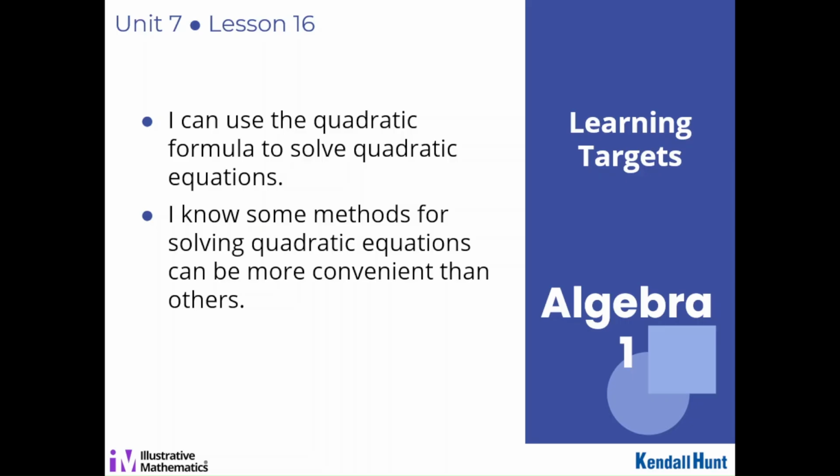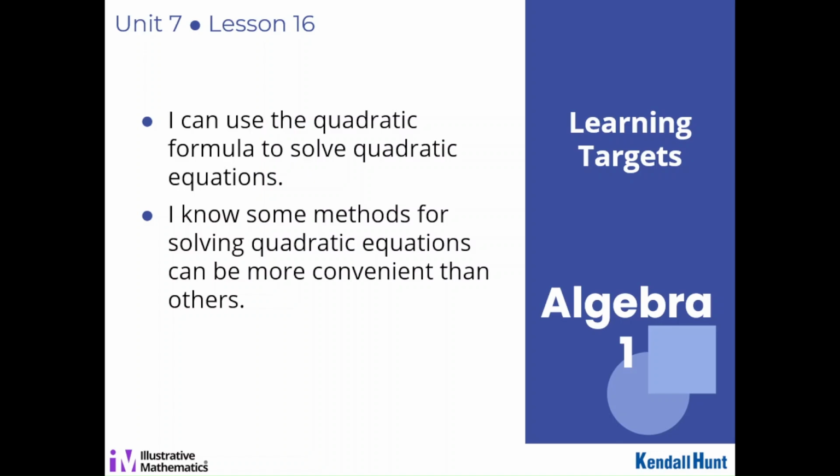Learning target number 2 says that you know some methods for solving quadratic equations can be more convenient than others. So at this point, we've talked about 4 different methods. The first one was graphing.